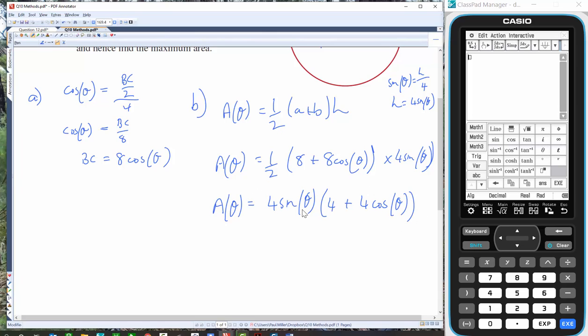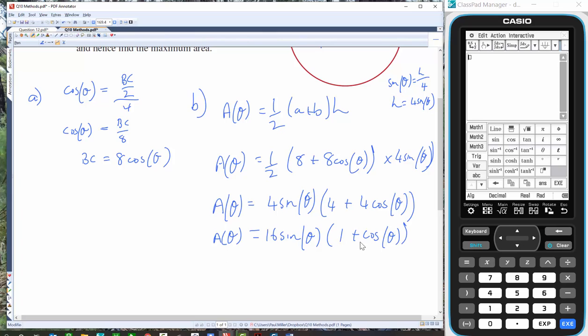Now I've got a couple of options here. Should I take the 4 out as a common factor? Not sure, let me think. Okay, what I think I might do is just yank 4 out of that, and so that's going to be 4 multiplied by 4, which is 16 sine theta, multiplied by 1 plus cosine theta.